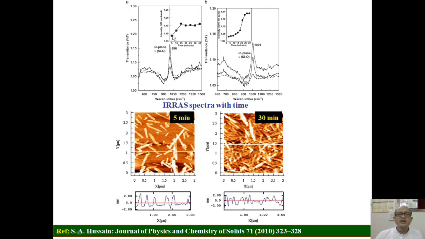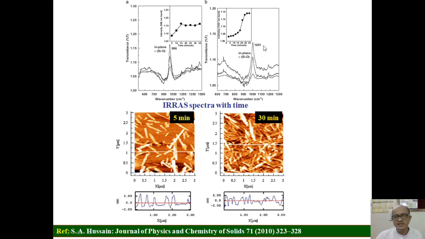This is the plot of the intensity of the silicon oxygen vibration measured through IRRAS with time. Initially it is increasing and then it becomes flat. That means initially the number of clay particles coming to the surface is increasing, but after a particular time it becomes flat, that is, it has saturated.